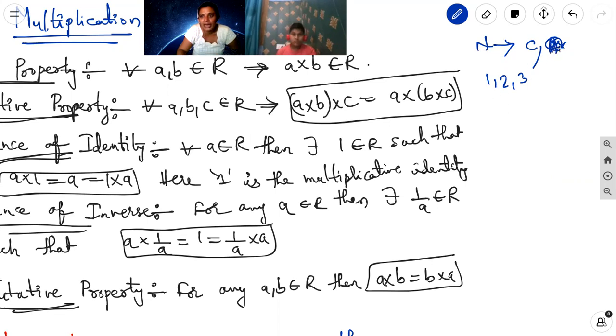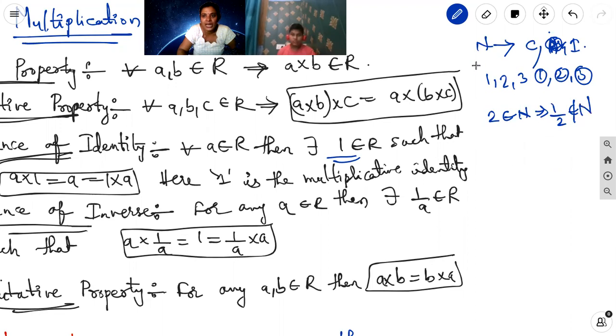And identity: we know that the multiplicative identity is 1, and 1 is an element of the natural number set, so it satisfies the identity element also. It satisfies closure, associative, and existence of identity. But for inverse, suppose 2 belongs to N, what we want is 1 by 2, and 1 by 2 does not belong to the natural number set.